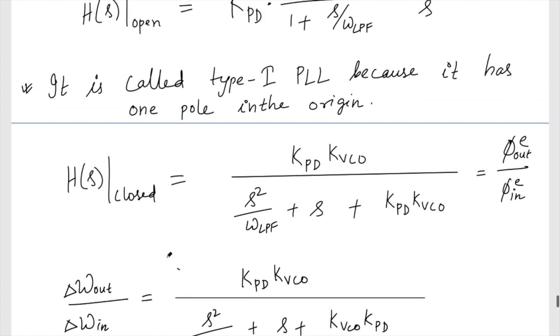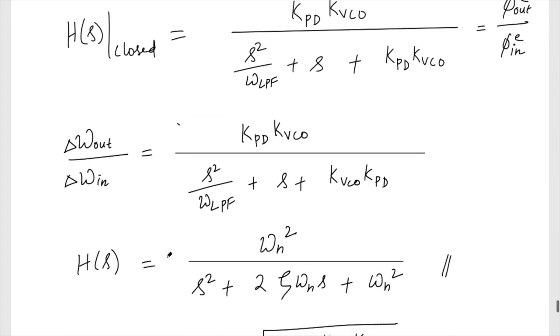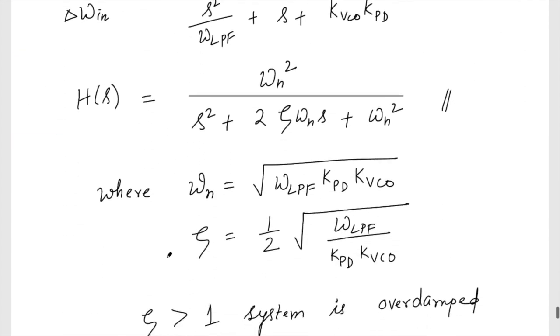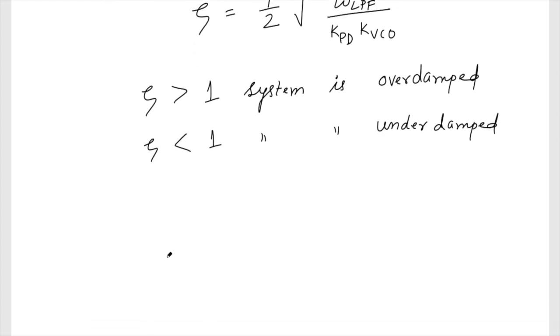When we do the simulation, we are seeing the control voltage. So we want to understand the behavior of the PLL by seeing the control voltage, which is also valid. Why? Because from a VCO we know that omega out is equal to omega naught plus KVCO times V cont.